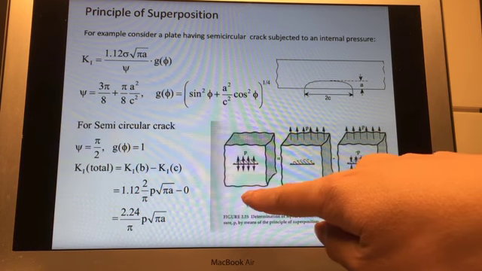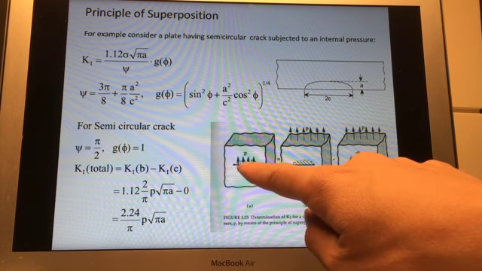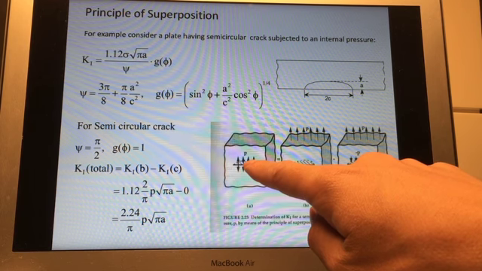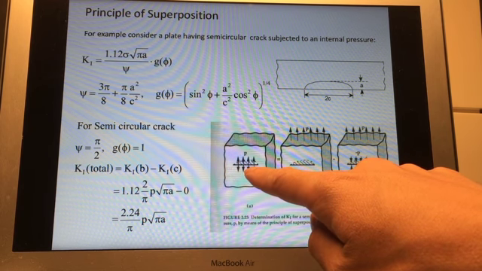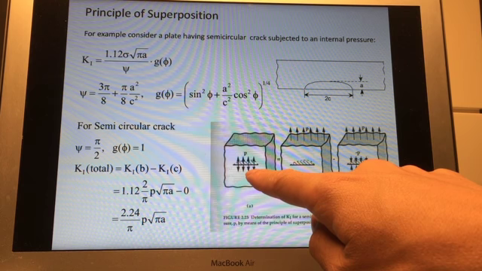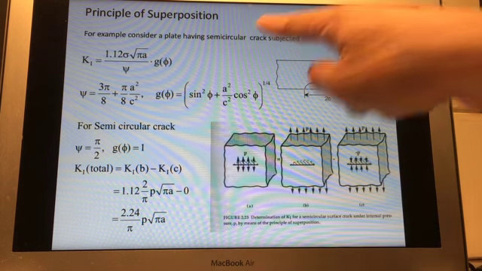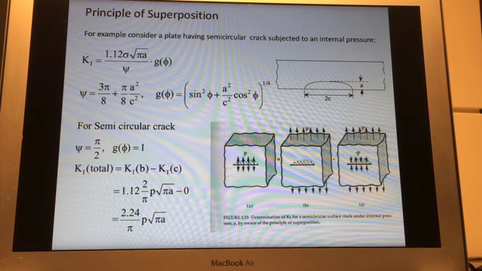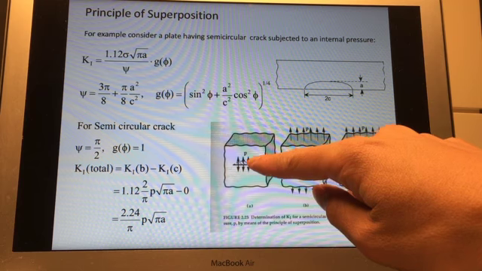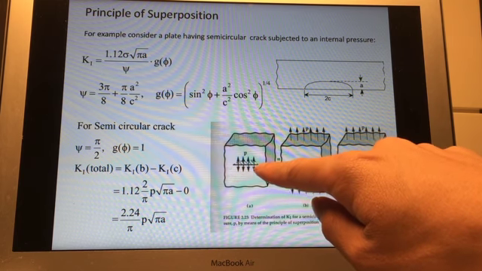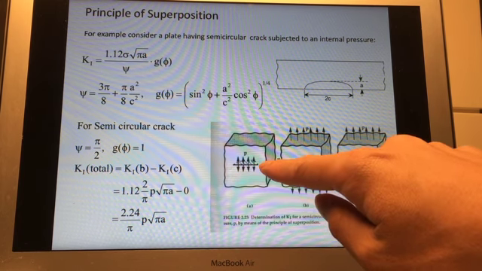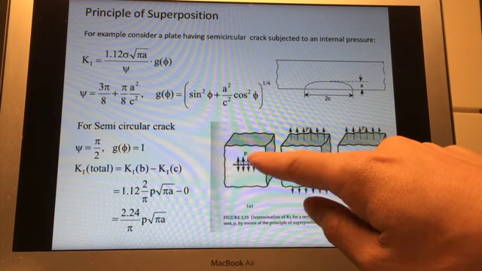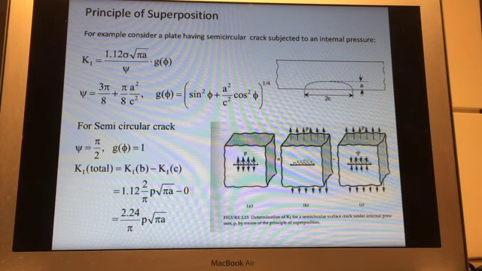Let's look again. This total will be, because it's the internal pressure, a plate having a semicircular crack with internal pressure. Yep, I think that can be the gas cylinder case. When your internal pressure is so high, you can just ignore the atmospheric pressure.